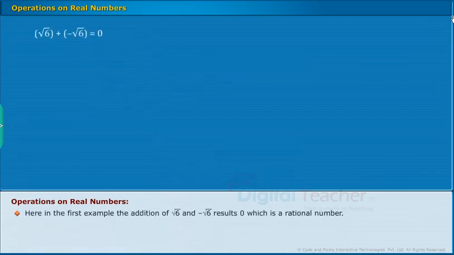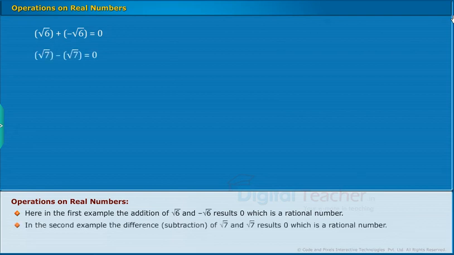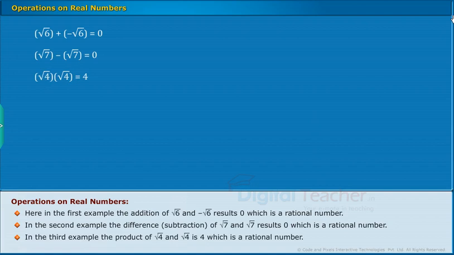Here, in the first example, the addition of root 6 and minus root 6 results in 0, which is a rational number. In the second example, the difference or subtraction of root 7 and root 7 results in 0, which is a rational number. In the third example, the product of root 4 and root 4 is 4, which is a rational number.